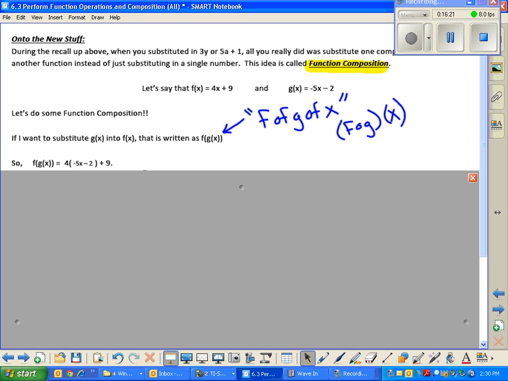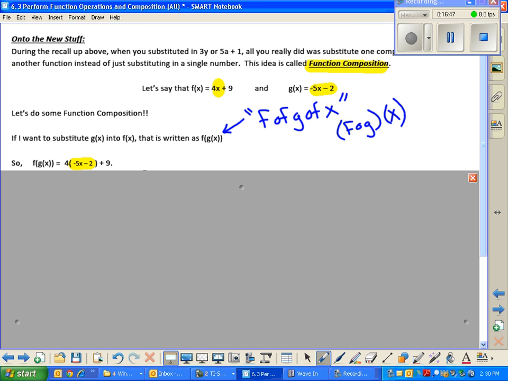But regardless, what happens when they do that is you'll see that they take f of x and they kind of open it up. And you see here x is right next to the 4 in f of x. So what we do is we take our function g of x right there and you plug it in where you see the x in f of x.